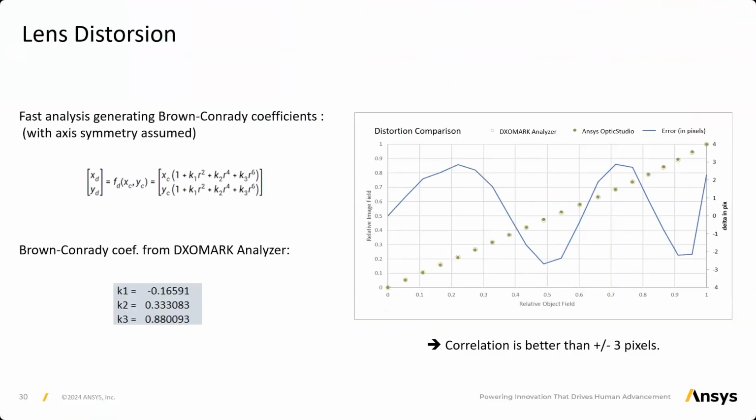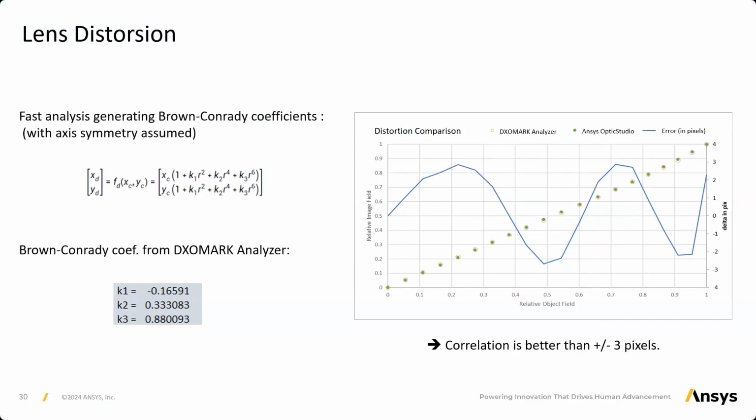Okay, so now the graph on the right gives different results. First of all, the green spots are the original data from Optics Studio, whereas the orange circles are the result from the DXOMARK analyzer. And the blue curve gives the difference between those two results.